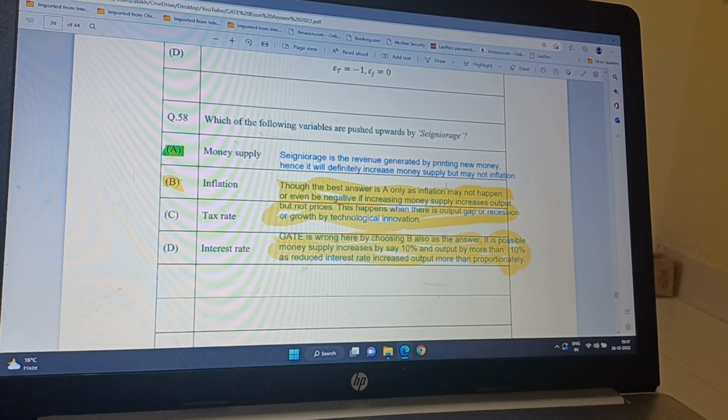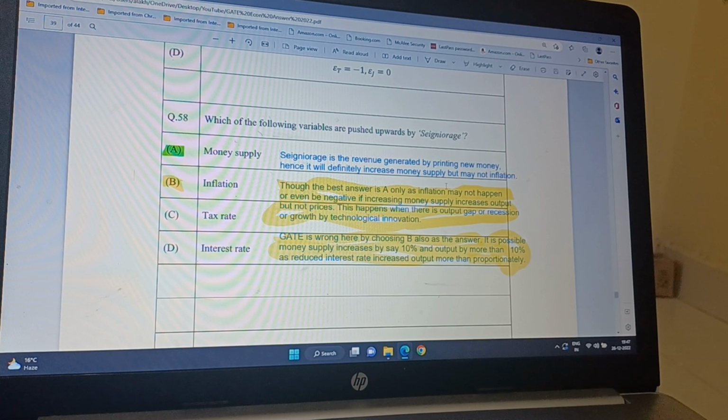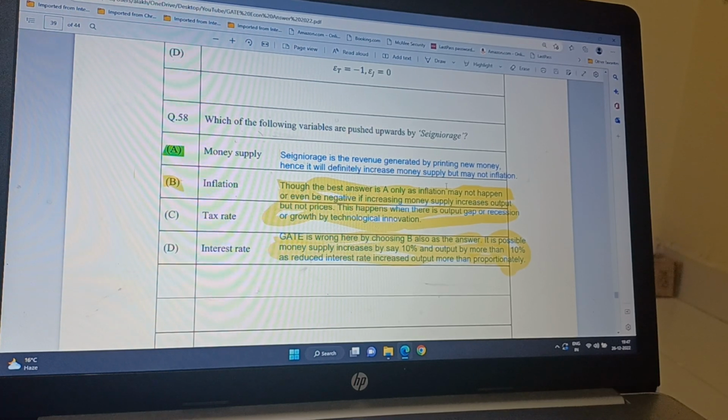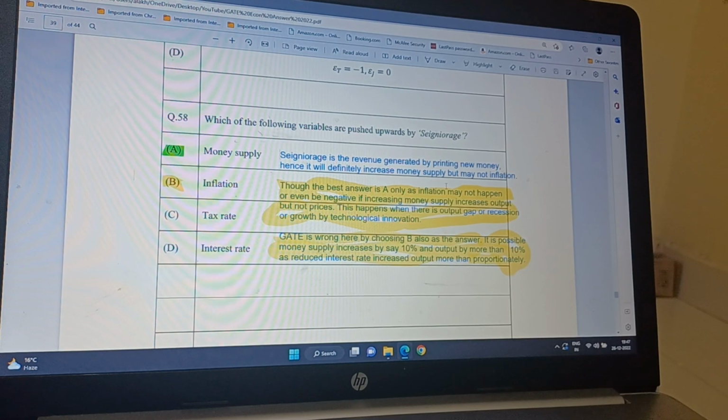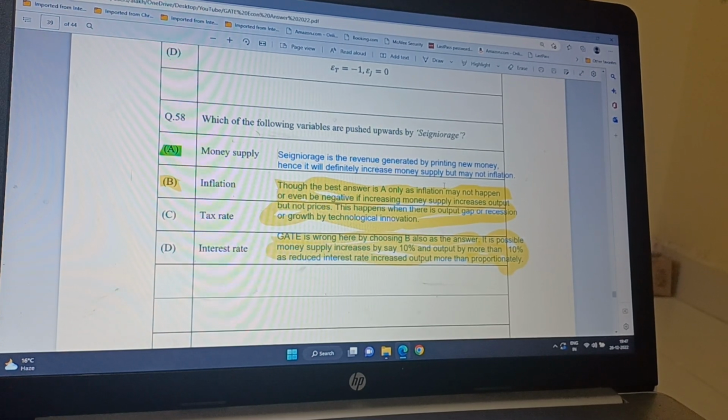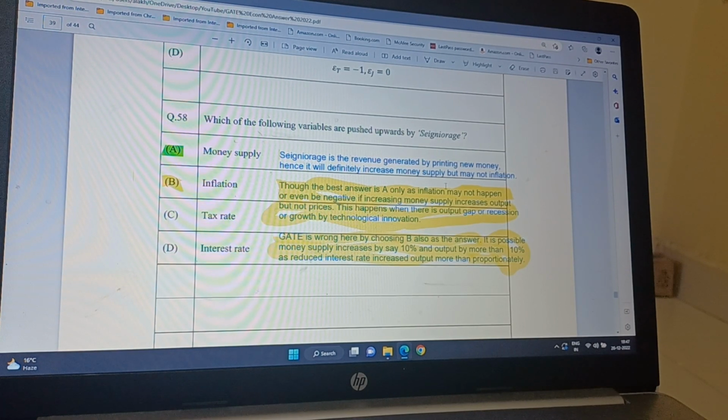What about inflation? Well, it may or may not get pushed upward. It will get pushed upward only if ceteris paribus holds, otherwise it won't. But the question doesn't mention the assumption ceteris paribus, so you shouldn't assume it yourself.